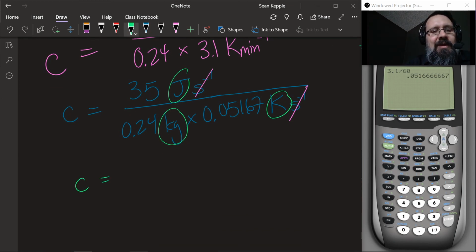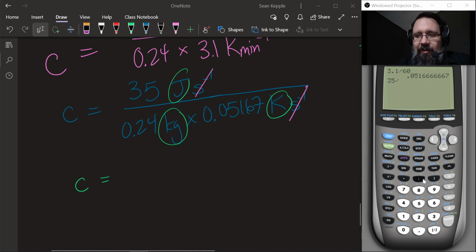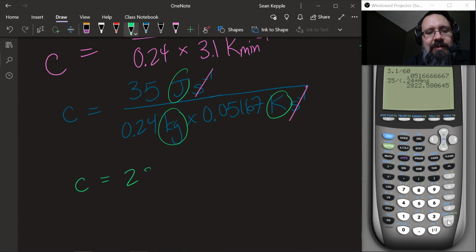So if we do this, we're going to take 35 divided by, open up parentheses, 0.24 times, and I want to multiply by that answer up there. So I'm going to hit second answer and evaluate that, and I get 2822. So we'll say that's 2800 joules per kilogram per Kelvin.